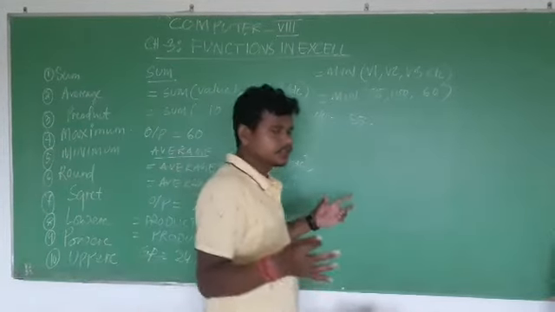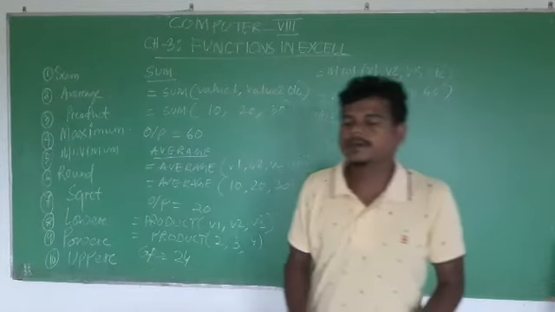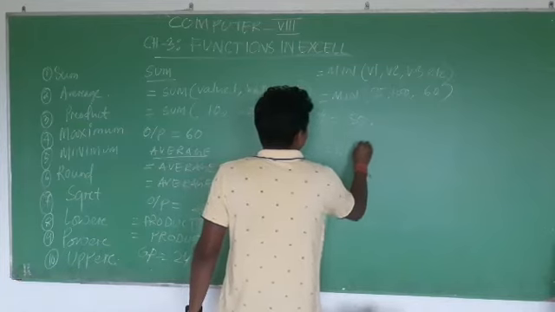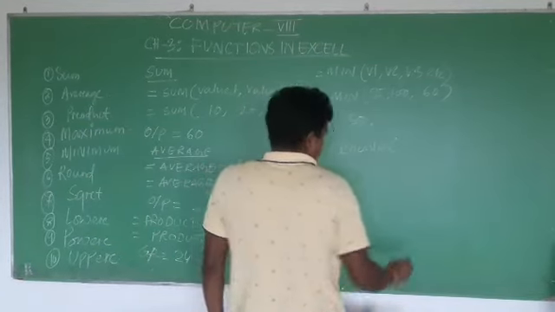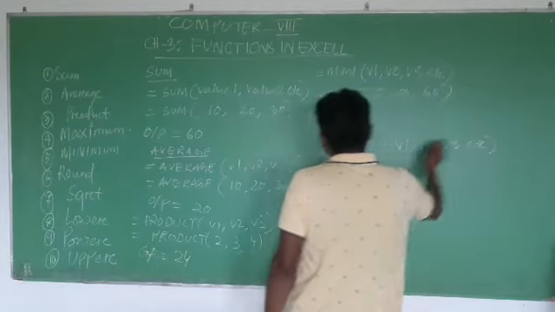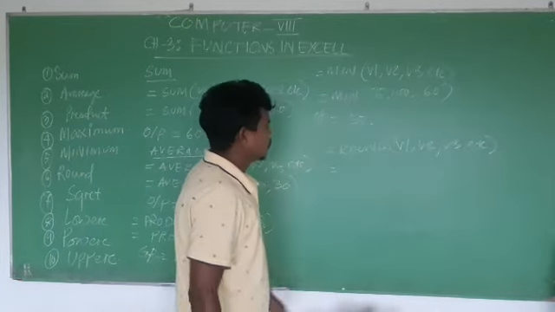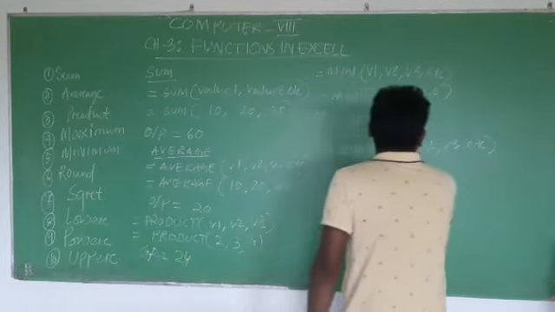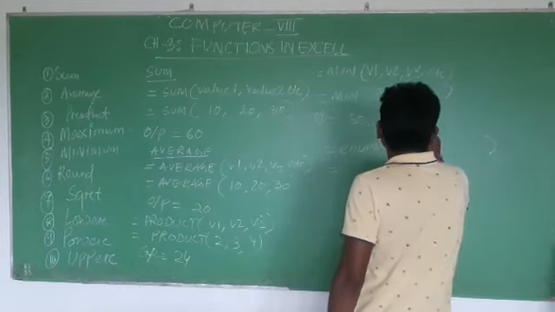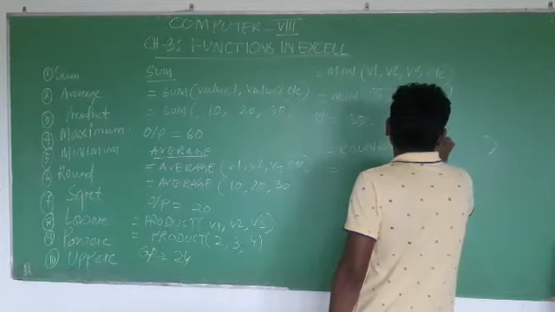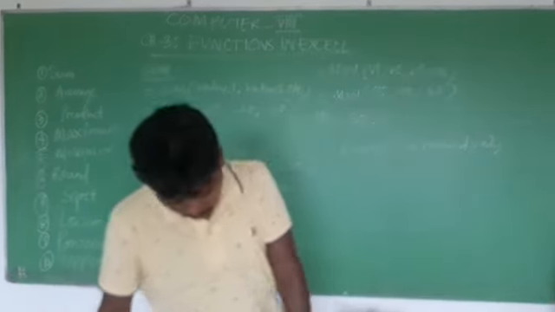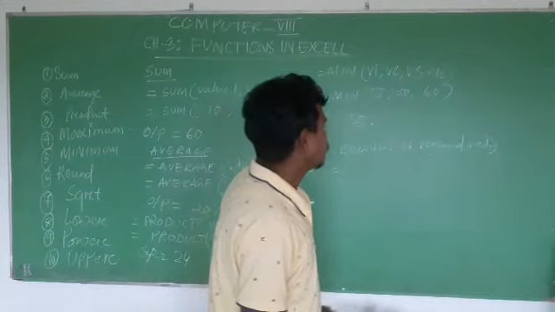And the round one. Round is used to round off a decimal number. The formula is equals ROUND, then the value and the number of digits. To round the decimal value, we write the decimal value and the number of digits.